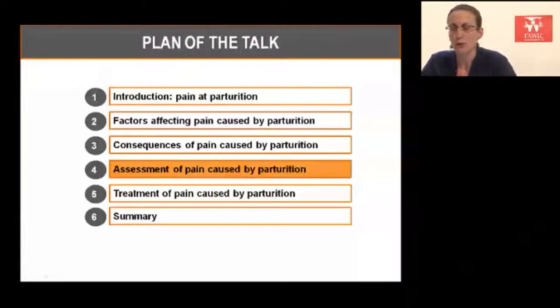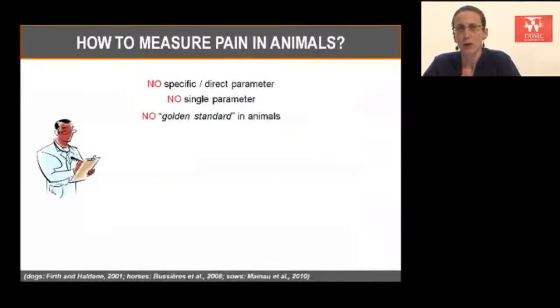And now I'm going to start with the different pain indicators, so the assessment of pain caused by parturition. The principal question for the assessment is how to measure pain in animals.